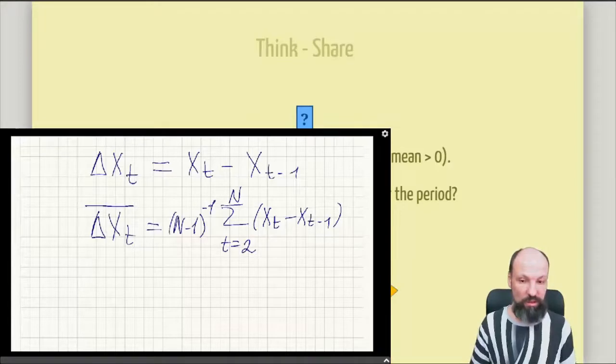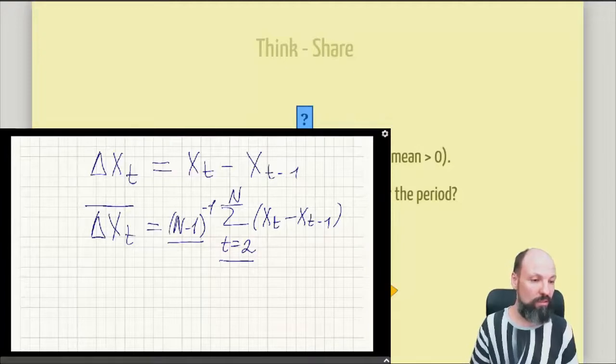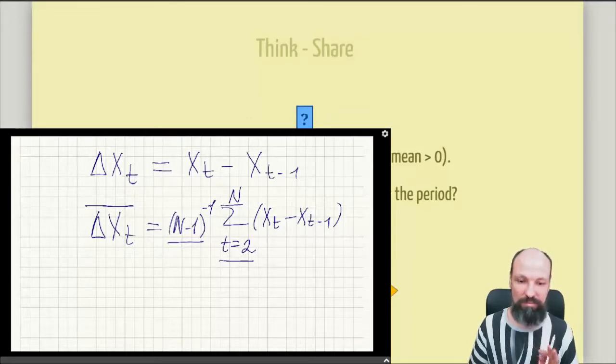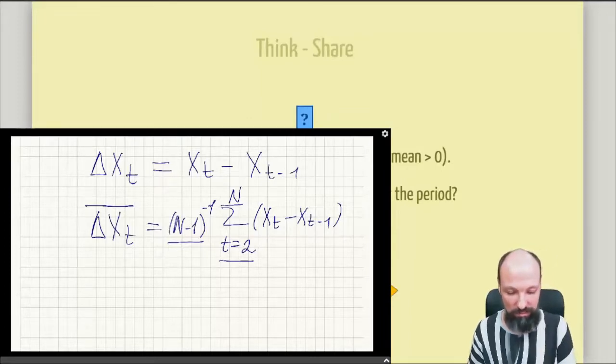Quick question again, why minus n minus 1 here, and why from t at 2? Oh, this is an easy question. Okay, later then.